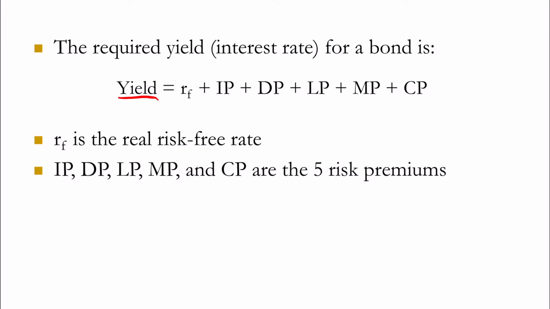We'll go into detail on what each one means, but these are the 6 components of your required yield on a bond. Previously we've also called it the going rate out in the market for bonds of similar risk. That's the yield we use when we value bonds.